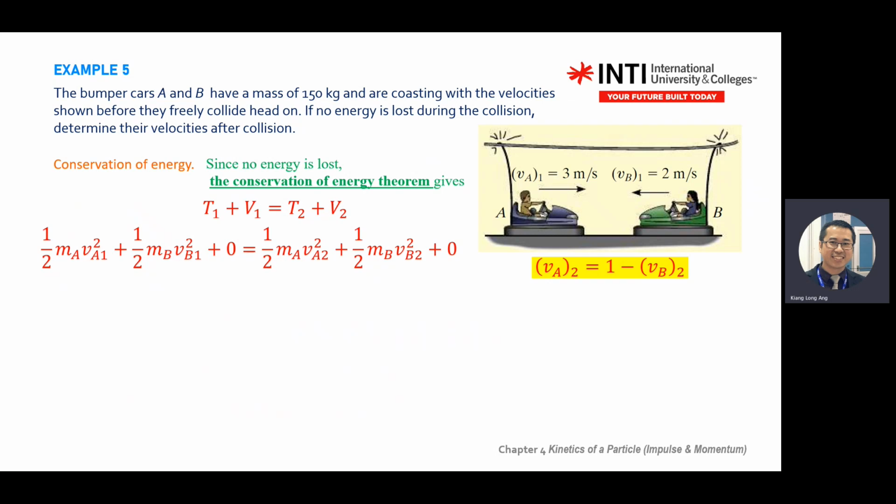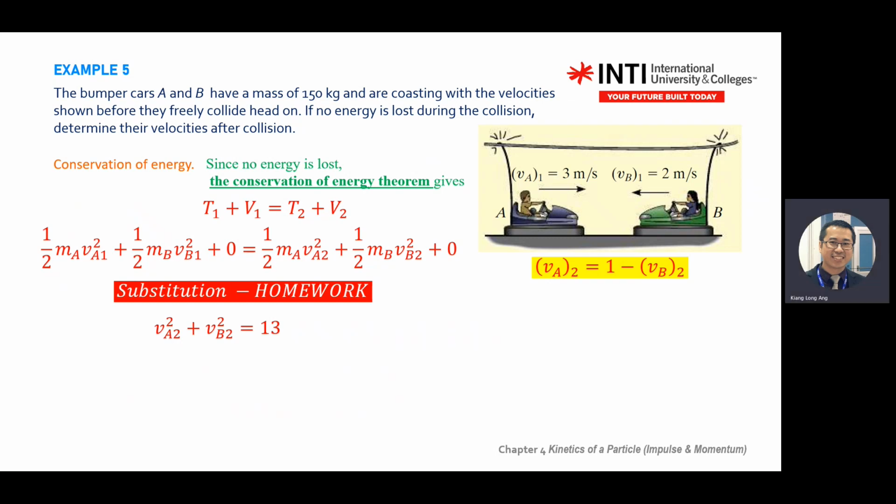Each body will give you kinetic energy. So half MA VA square plus the B one, potential equal 0. Why 0? Because there's no change of h in your potential energy. Equal to half M VA2 square, because it's a separate body. Same with the second one. This one gives you a second equation to solve the unknowns. You do substitution, you get another equation.